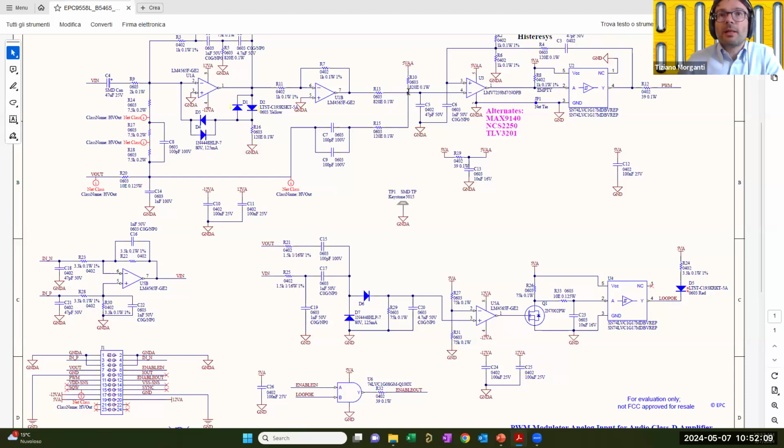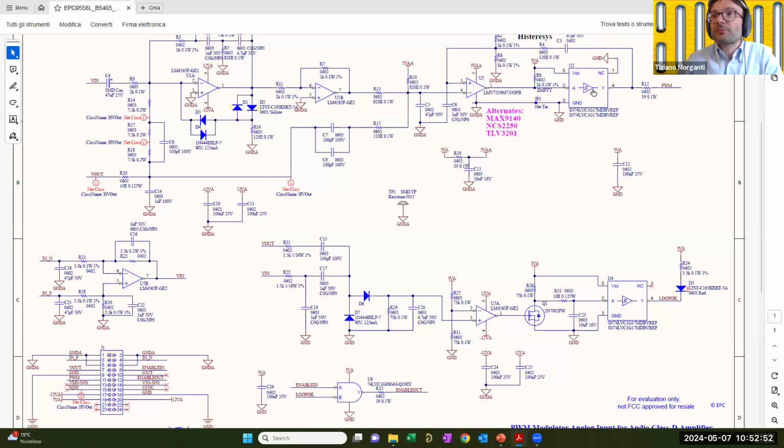So we estimate the derivative of the output voltage in this node here, and that corresponds to the inductor AC current, basically. So we close a first loop with a comparator here. We have some hysteresis, and this hysteresis is used to set the switching frequency and to force the ripple current in the inductor to be within the range of the hysteresis.